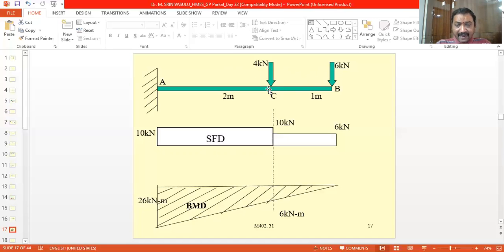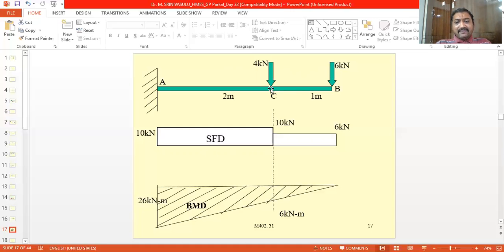And exactly at point C, up to here we already got 6 kN, and due to the action of another point load of 4 kN, the shear force is equal to 6 kN plus 4 kN, that is 10 kN. So that is what is happening.